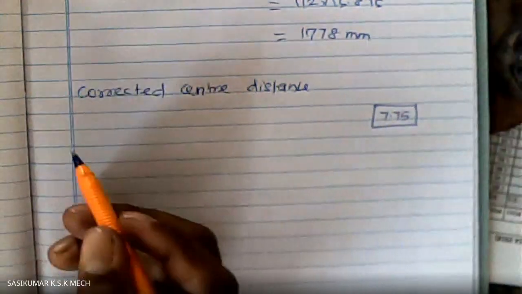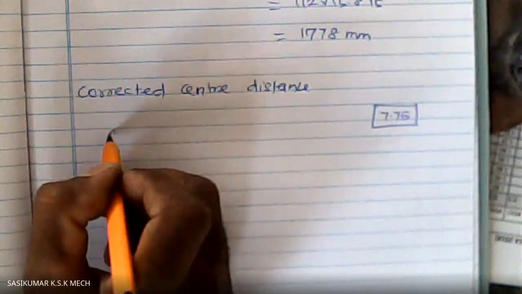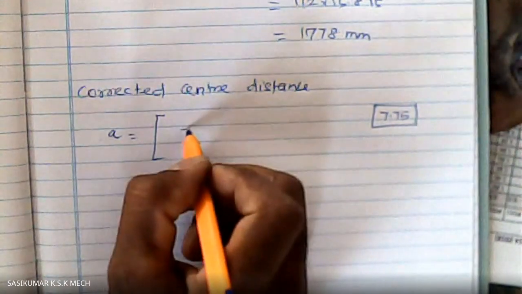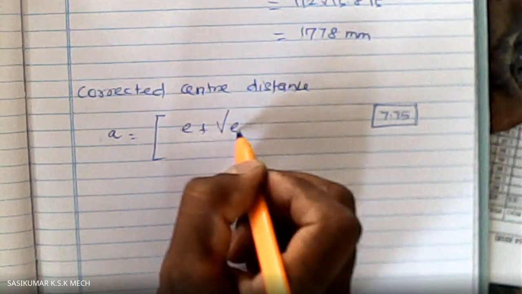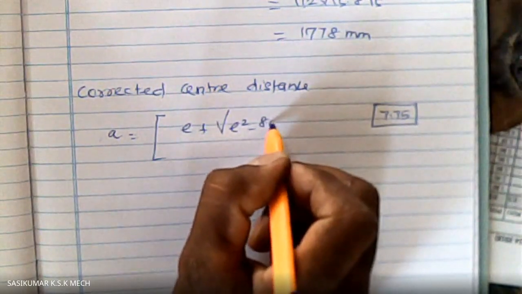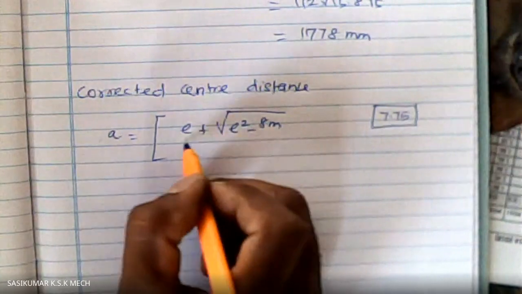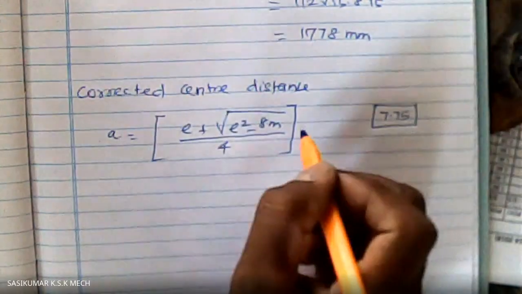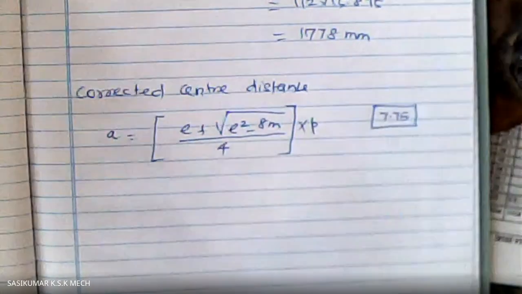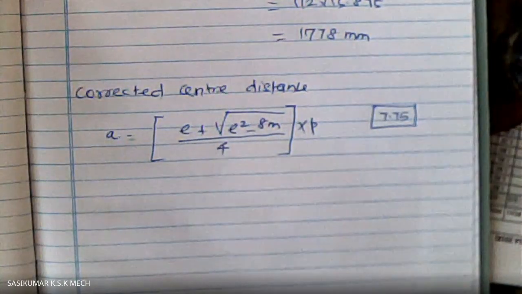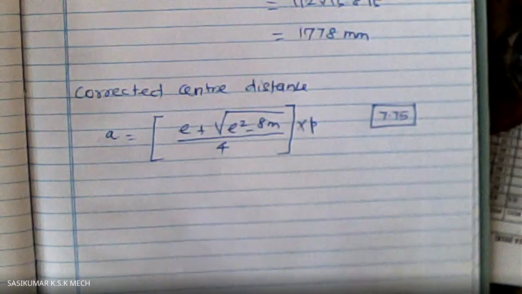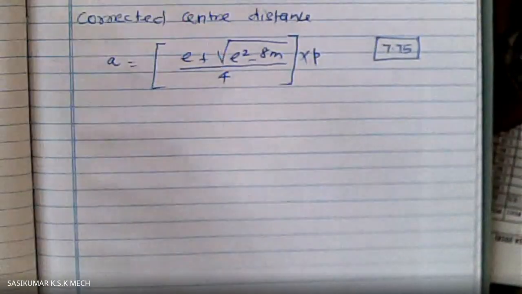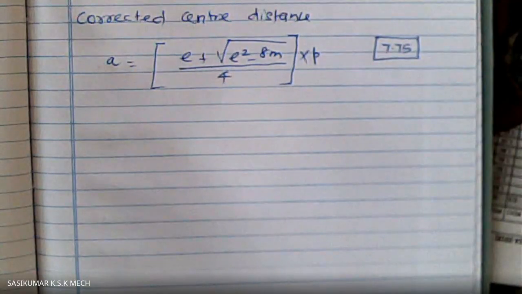The corrected center distance A is (E plus square root of E square minus 8m) divided by 4, into P. So you can refer to page number 7.75 for this relation.